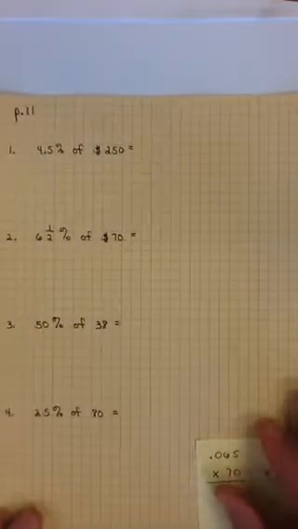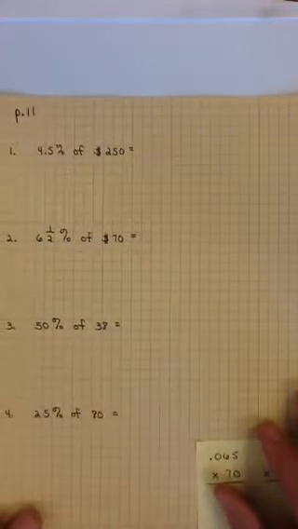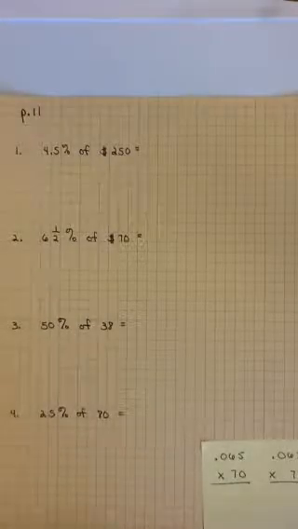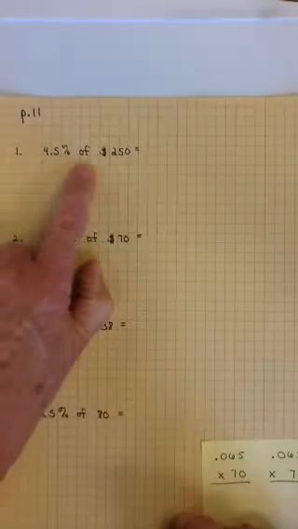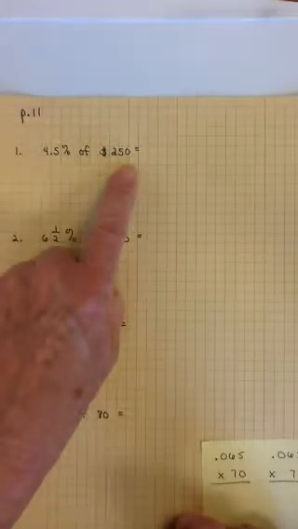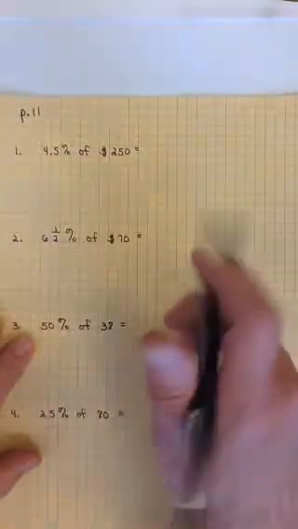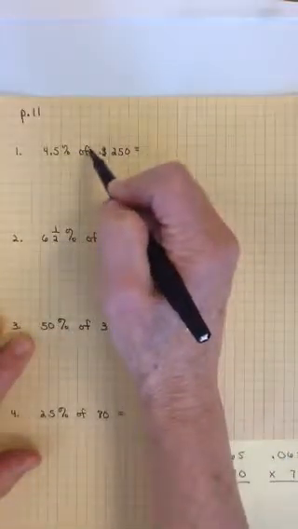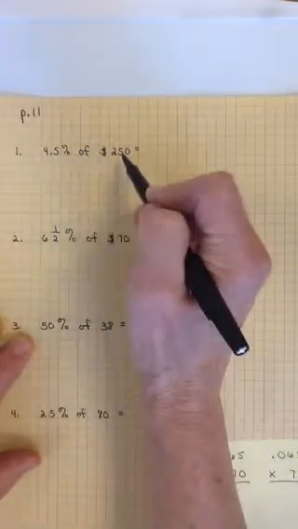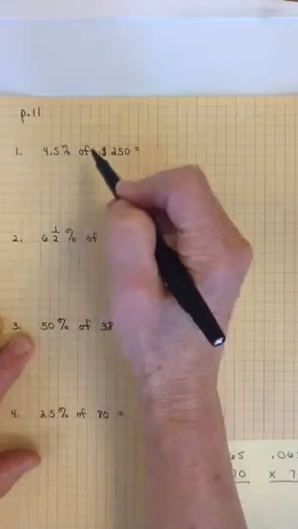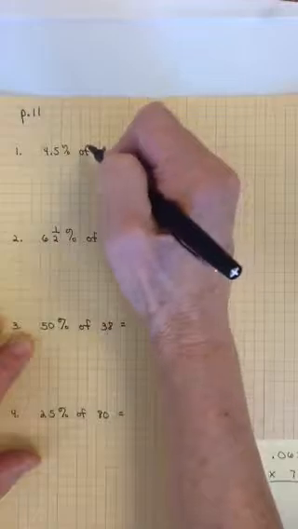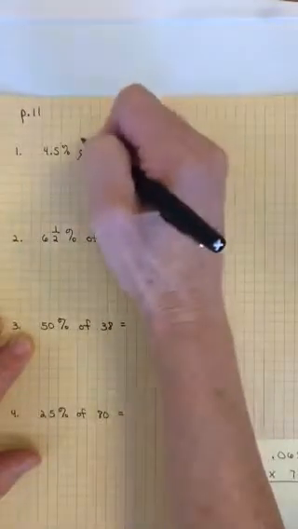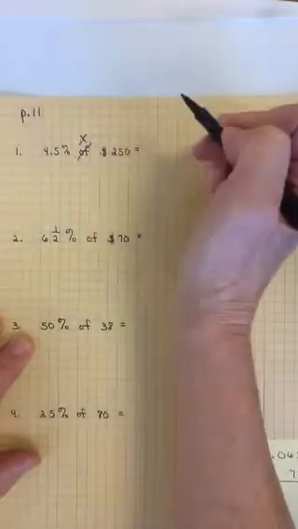And here they are. Okay, on row 1, the first problem is 4.5% of $250. Do you hear that of? Percent of. When you have a phrase like that, the of gets translated into the operation multiplication.